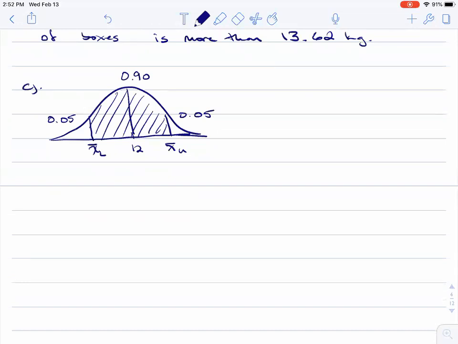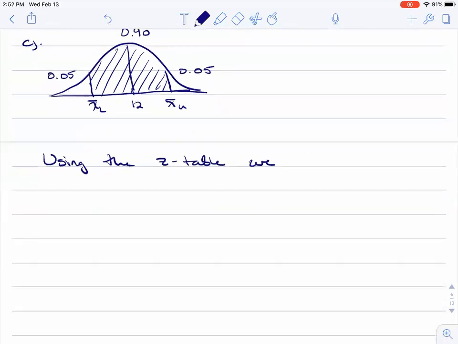So we can say, using the Z table, we find the table entry closest to 0.05.